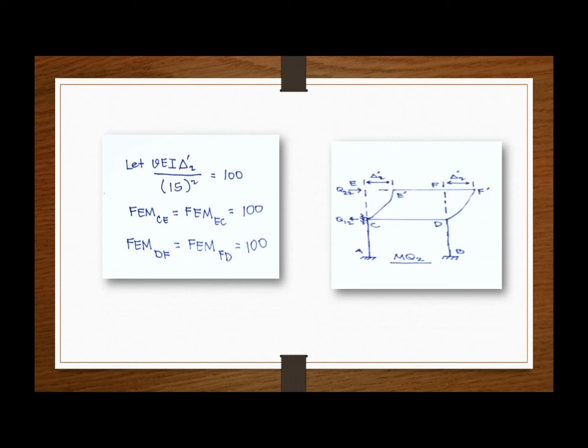And also fixed end moment DF is equals to fixed end moment FD, also 100. So, makikita na positive siya because punta sa right ang reaction ng figure. So, this is the figure of moment Q2.